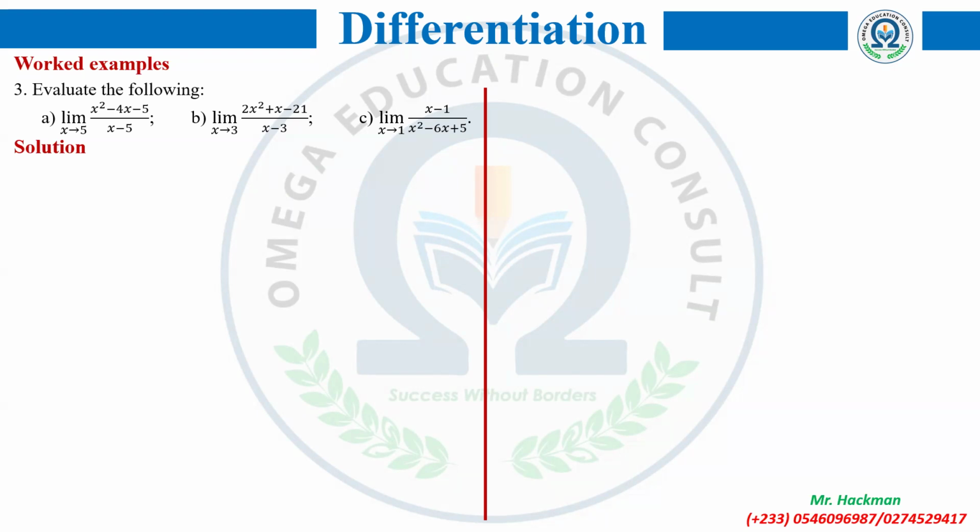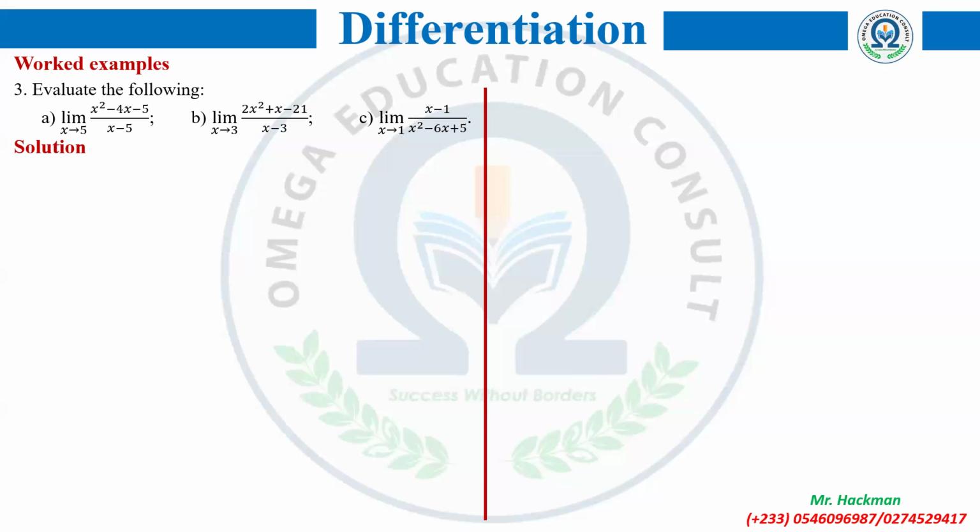So you check your numerator and denominator functions, and any of them that is factorable, you factorize. Then you cancel common factors, reducing your rational function. All right, so we are going to continue from there.